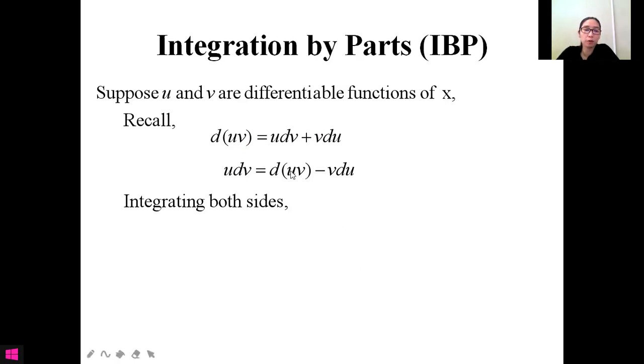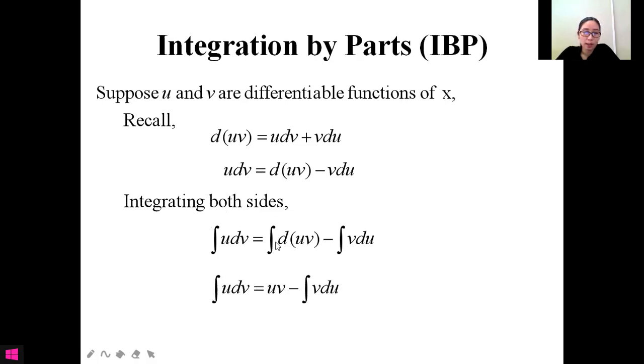Okay? So if we integrate both sides, so i-integrate nato siya, so integral of UdV will now be equal to the integral of d(UV) minus integral of VdU. So pag ato siyang i-perform, so we have integral of UdV equals UV minus integral of VdU.